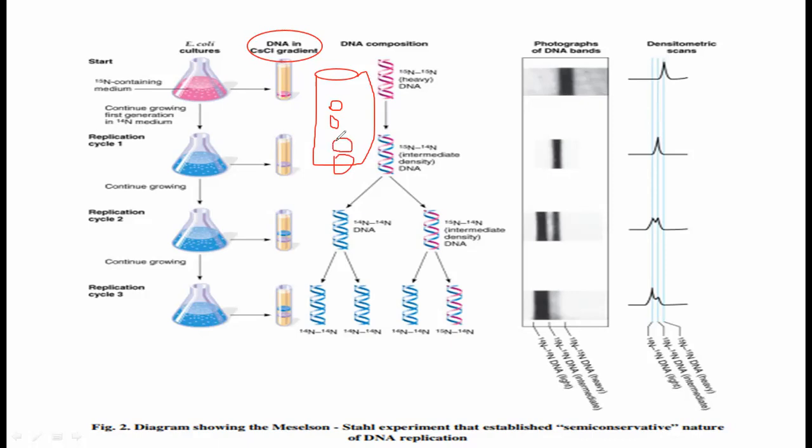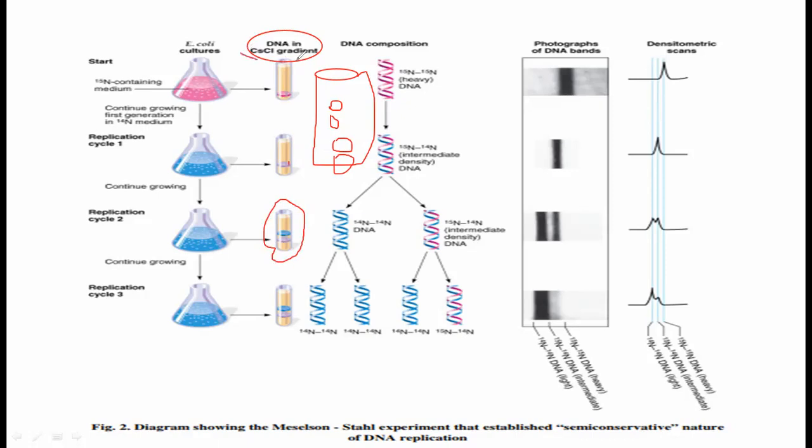Nitrogen 15, being heavier, settled at the bottom, and nitrogen 14, being lighter, settled above the 15. So they carried out the gradient centrifugation after the extraction of the DNA.